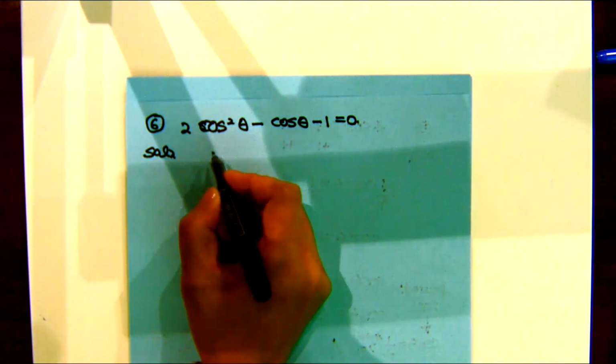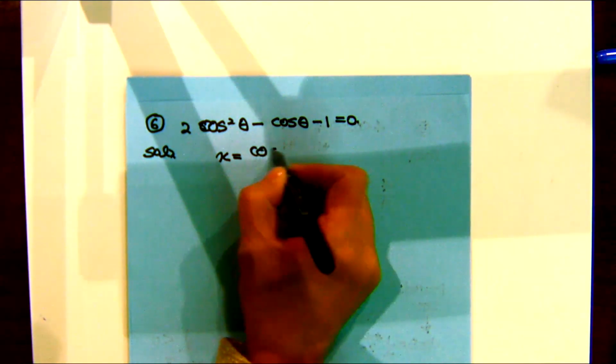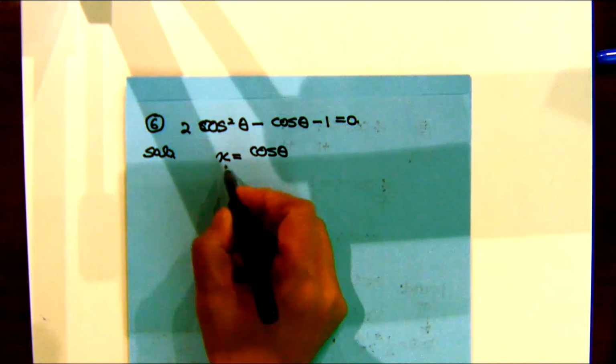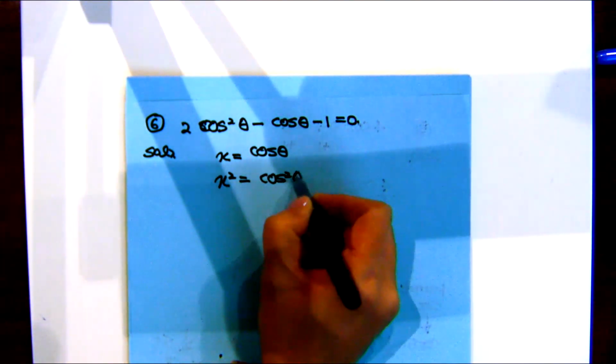So obviously that is associated with a quadratic equation. To relate this trigonometric equation with what we learned in intermediate algebra, I would put x equals cosine of theta. Then x squared equals cosine squared of theta.